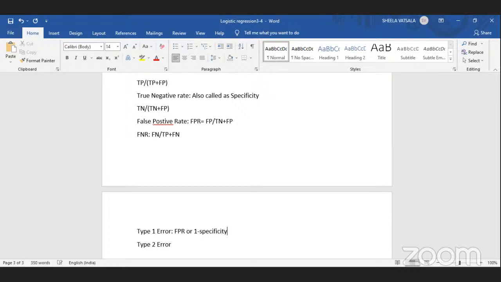Similarly, type 2 error is false negative rate or 1 minus sensitivity. Okay.